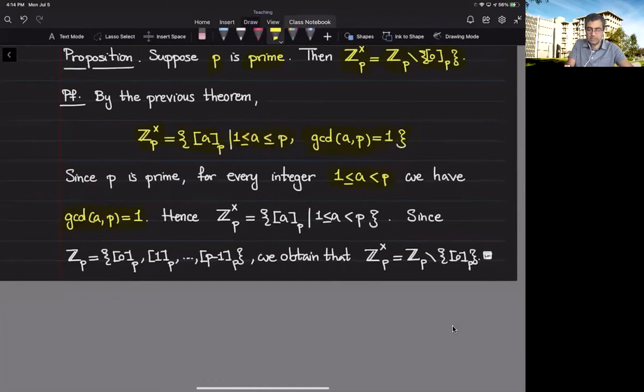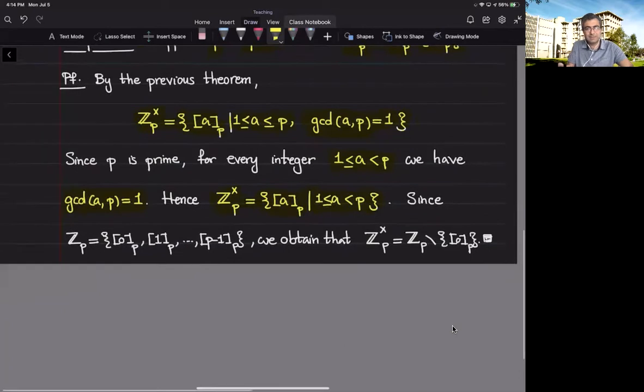That means Z_p cross is the set of all the residue classes where a is in the range from 1 to strictly less than p, and that has p minus 1 elements. That shows that Z_p cross is precisely the set of all the non-zero residue classes of Z_p.